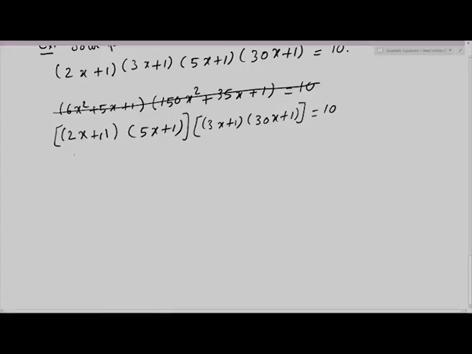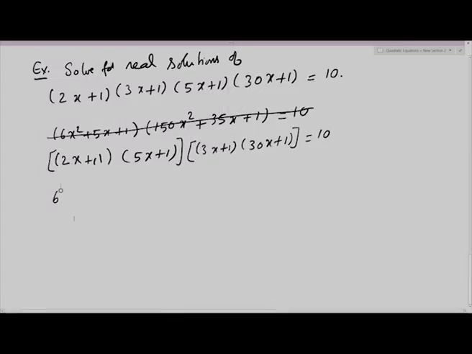Now, when I take these first two terms, it is simply a quadratic expression. I am sorry, the first term and the last term, 30x plus 1 and 3x plus 1 into 5x plus 1.